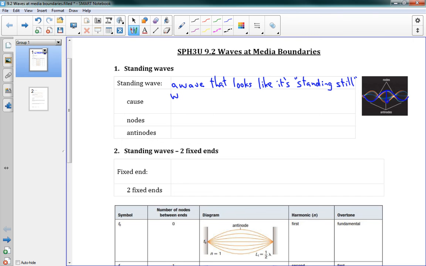We can say that waves interfere with their own reflections as they bounce up and down the medium.